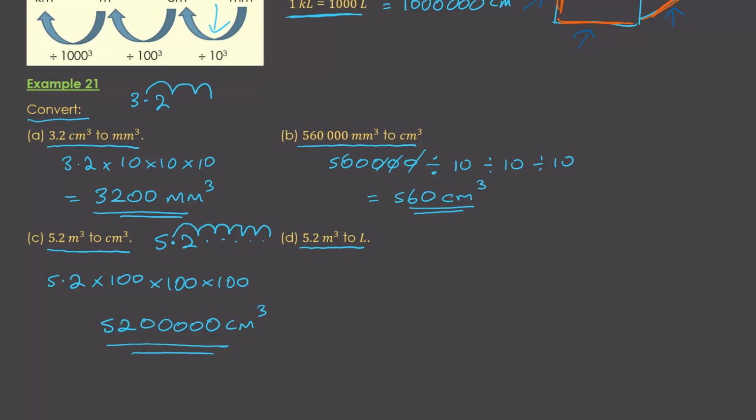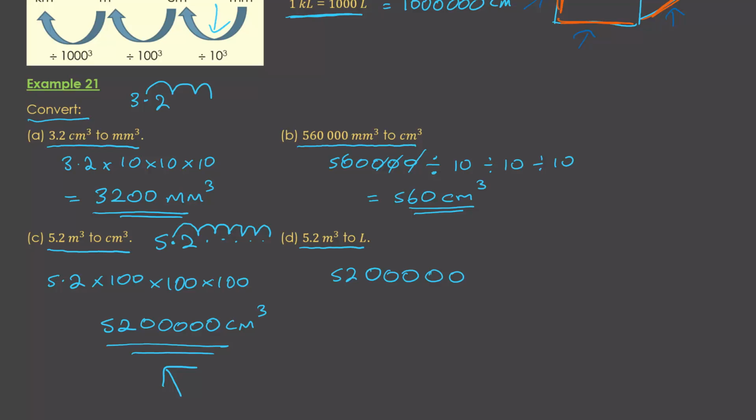5.2 cubic metres to litres. Well, we already know from this part of the question that this is 5,200,000, isn't it? So 1, 2, 3, 4, 5 zeros.